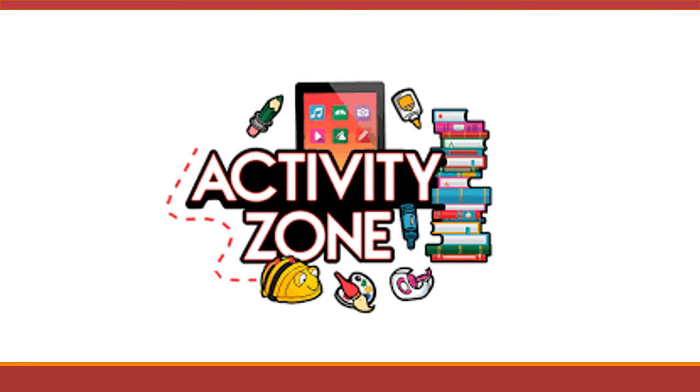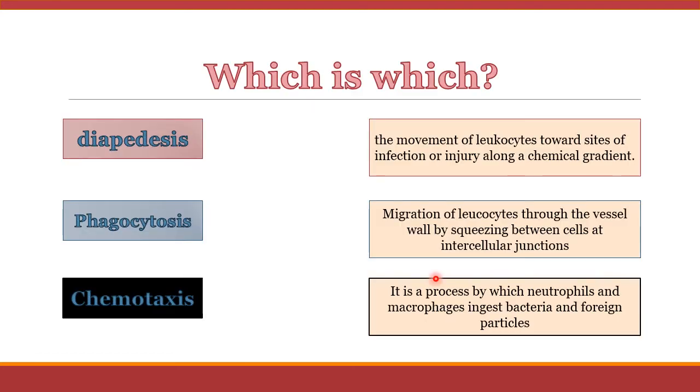Now we can go through some activities to revise what we have learned in this lecture. In this first activity, we can try to connect the definitions to their terminology. So here, on the left side, we have the terms diapedesis, phagocytosis, chemotaxis. On the right side, we have the definitions.